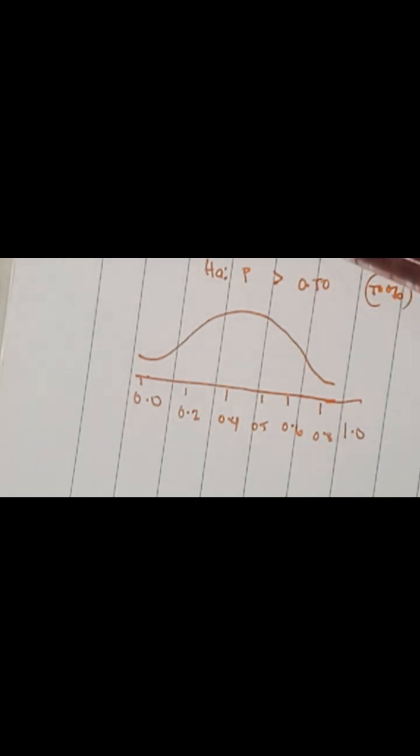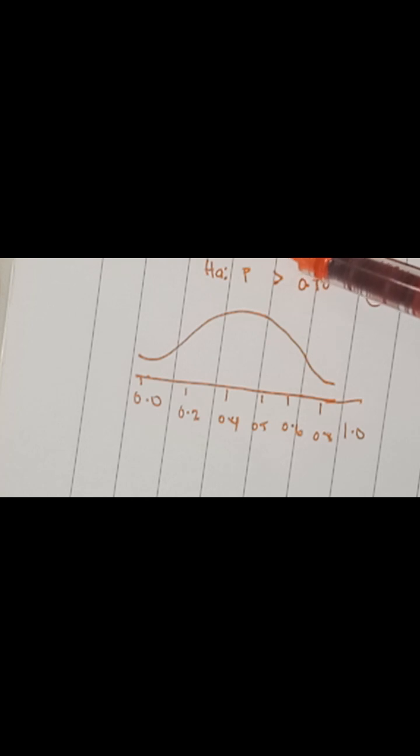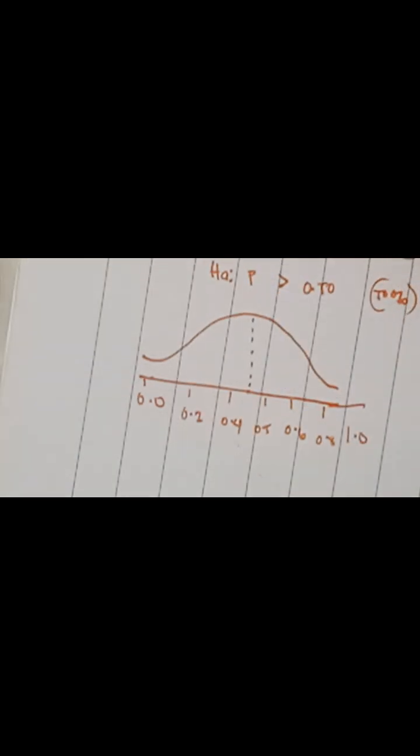So we are going to sketch the null hypothesis, where it is said that the proportion of residents satisfied with the relief goods is not greater than 0.50. So we put 0.50 here. That is our 0.50.